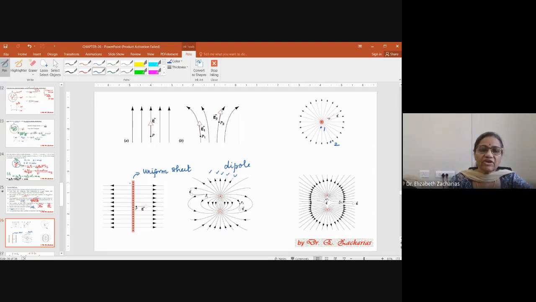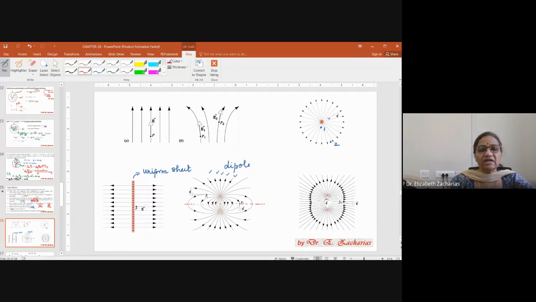And then where is the electric field minimum in this picture? If I draw a plane bisecting this dipole, I'll call it a median plane.